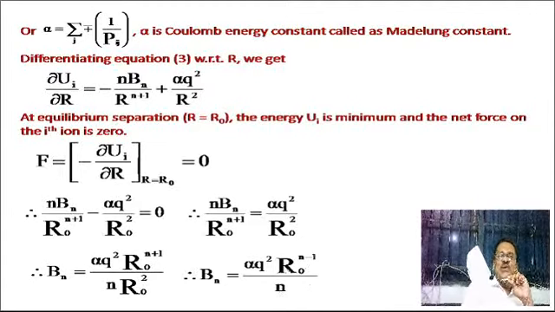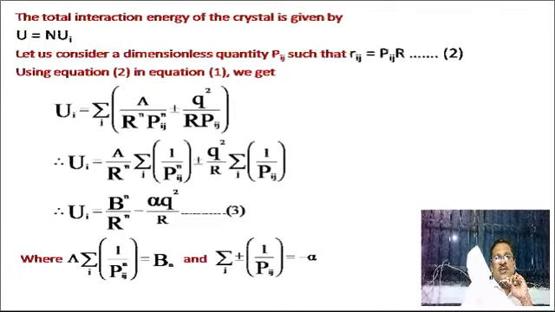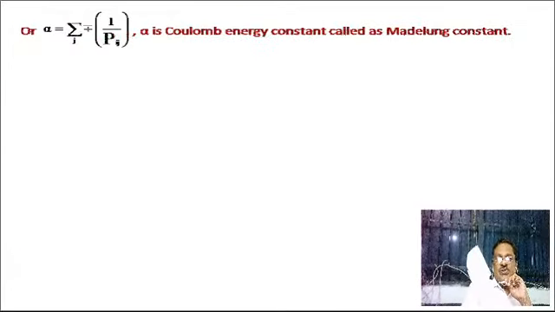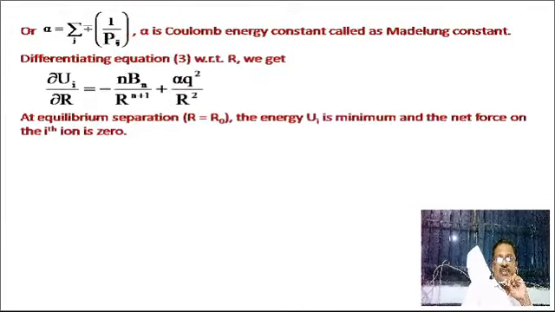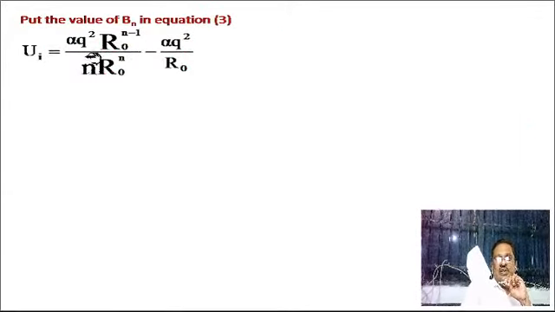Now put this value in equation number 3. What is equation number 3? Ui is Bn by r raised to n minus alpha q square upon r. Substitute the value of Bn at this position, so we will get the energy Ui as alpha q square r0 raised to n minus 1 divided by n r0 to the power n minus alpha q square upon r0.